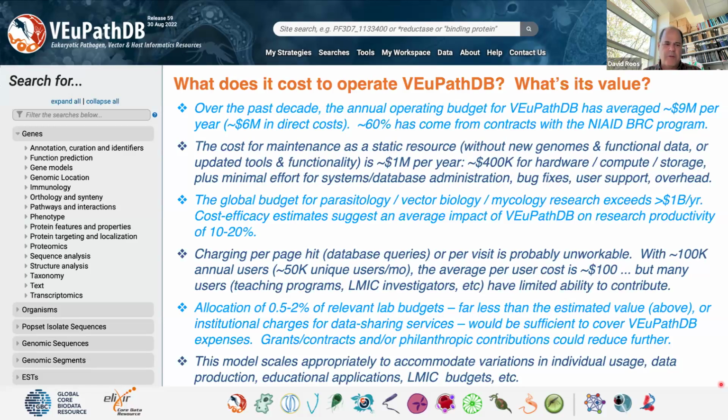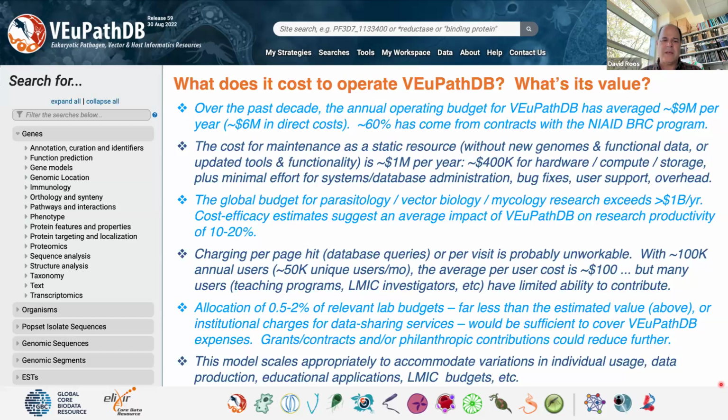There are few users of these resources, in the anecdotal surveys we've carried out from hundreds of investigators, who suggest that the value to their program is less than 1% of budget. And of course, what that means is that for a lab with a budget of, say, $500,000 a year, the value of the resource is on the order of $50,000 a year.